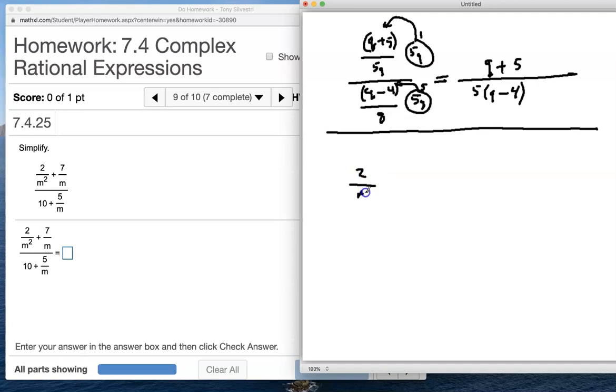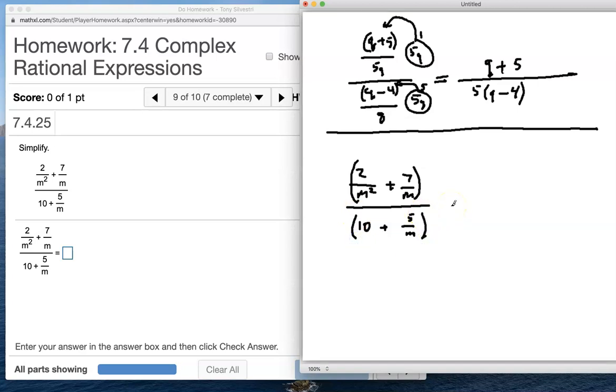2m squared plus 7 over m, over 10 plus 5 over m. And then this is a big bundle.